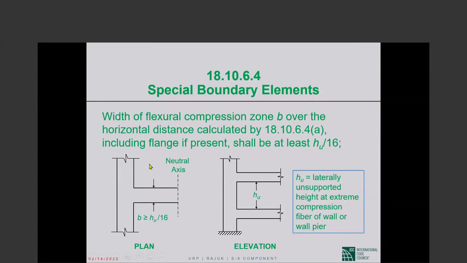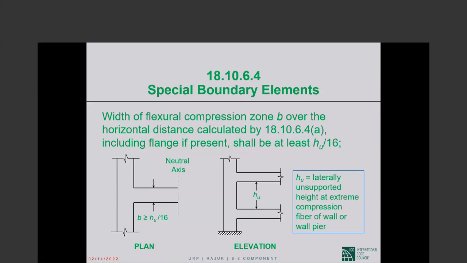Okay. So width of flexural compression zone over the length of the specially confined boundary zone shall be no less than 1/16 of the clear height of the shear wall. Clear height is from top of floor to underside of the ceiling.